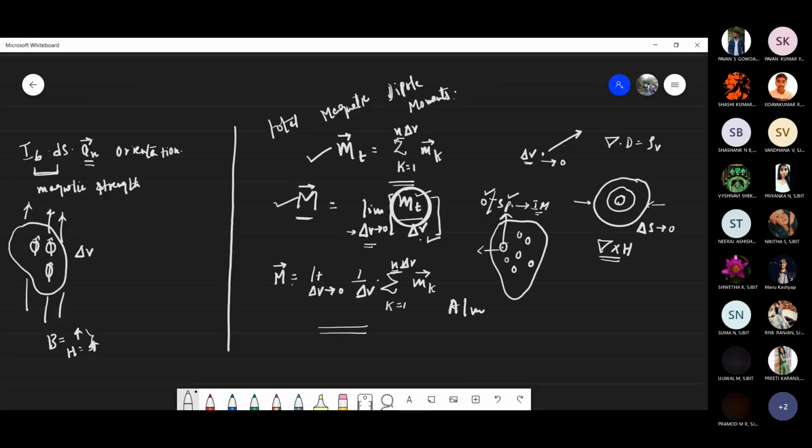This is one more equation which you need to remember. Magnetization is equal to the number of magnetic dipoles over a small volume delta V, where the small volume shrinks to zero. Magnetization is understood at the atomic level, in terms of orbital and spinning motion generating an internal magnetic field.